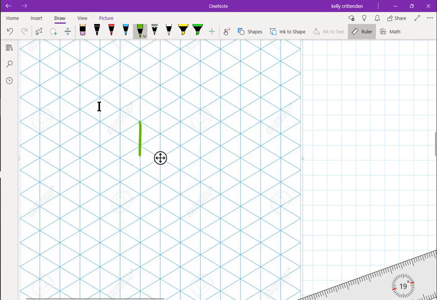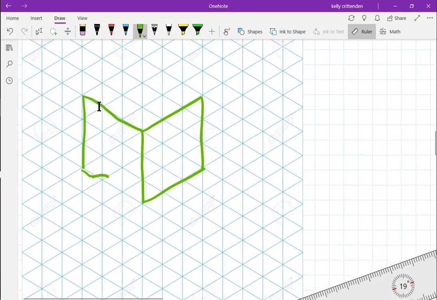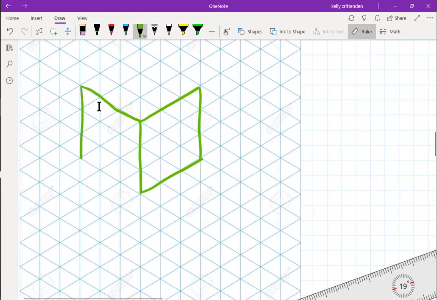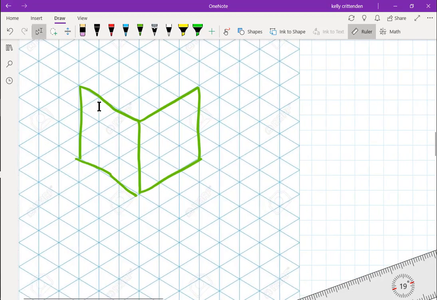I can go 3 by 3, and I actually can measure off units of 3 little line segments here. Whoa, it's a little crazy. I don't know why it's picking up that. There we go.